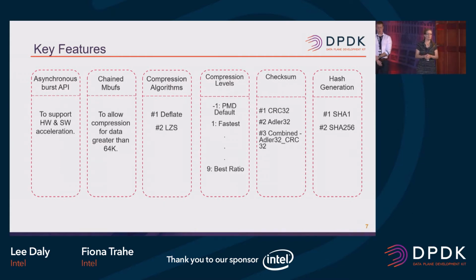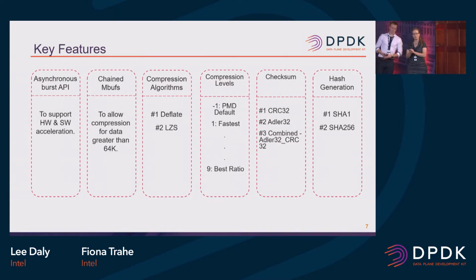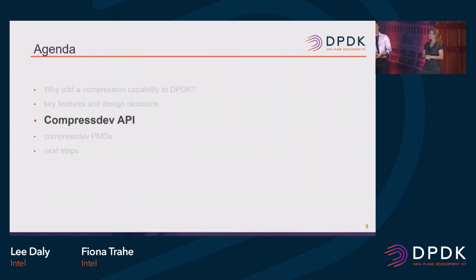Compression levels are standard in any compression algorithm. They give you a trade-off between ratio and speed. You want to compress faster, you don't get as good a compression ratio. You want a really good compression ratio, you've got to take a little bit more time, and so you go for a higher level. Some of the others, we can do hash and checksum generation, and they're both about authenticating the data. So that's a fly through the features that we've got on the API.